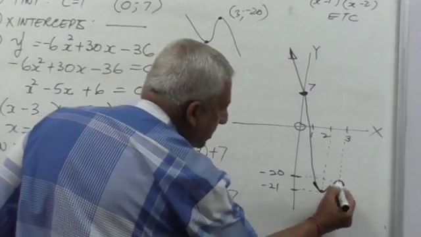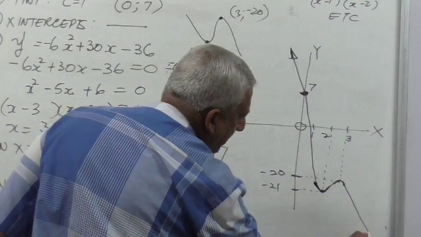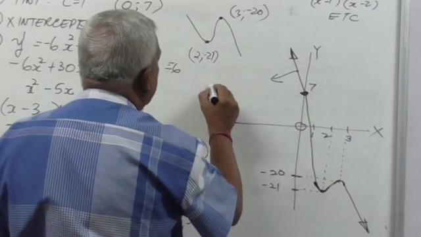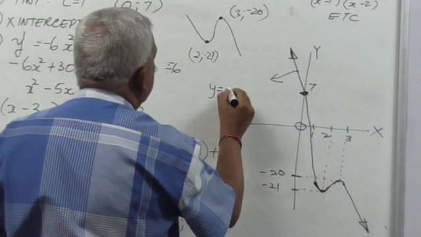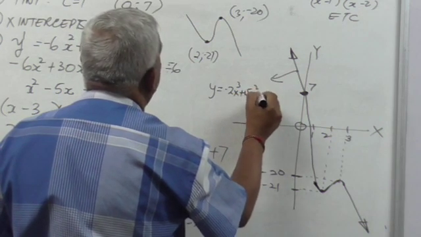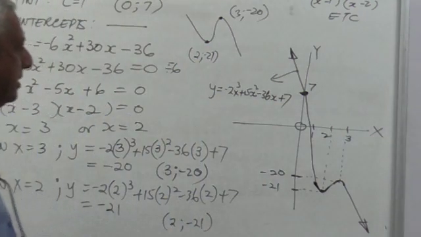Then from here it must go and join that there. Then it will turn there and it will go down that way. And this is the graph of y is equal to negative 2x cubed plus 15x squared minus 36x plus 7.